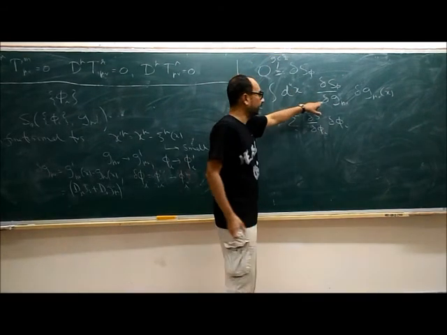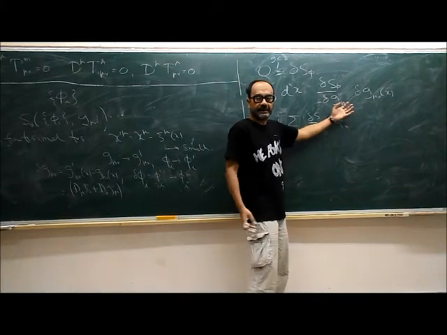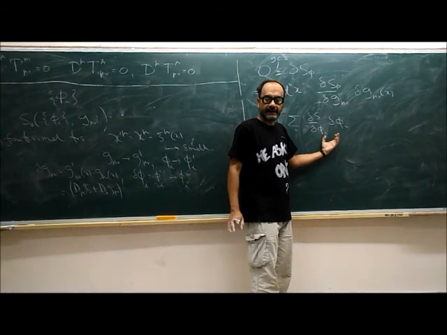G mu nu I am separately treating as a field, because G mu nu you are sure that it's a field, right? But here everything I am treating as a space-time index, as an index.